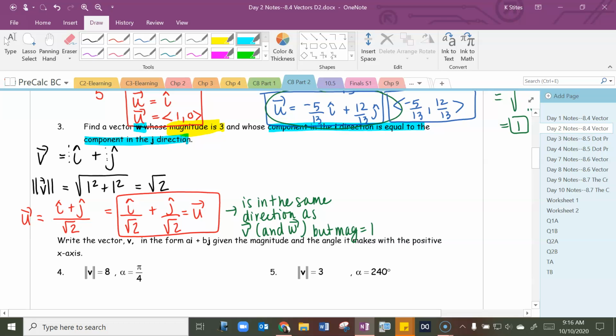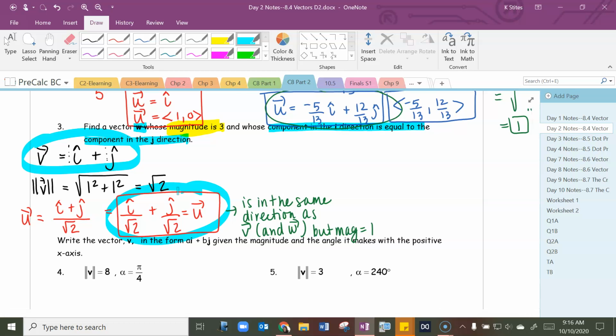So what we did instead was, we don't have a magnitude of 3, but let's create a vector that has that same direction. The I and J components are equal. So this is another vector going in the same direction as W, but with a different magnitude. By dividing by its magnitude, we've still accomplished that. This unit vector is still going in the same direction as W, but it has a magnitude of 1.